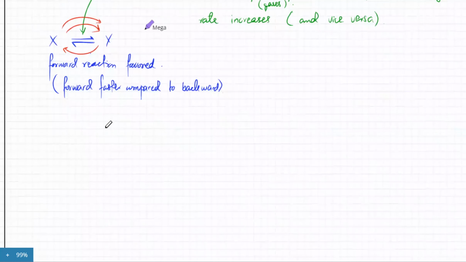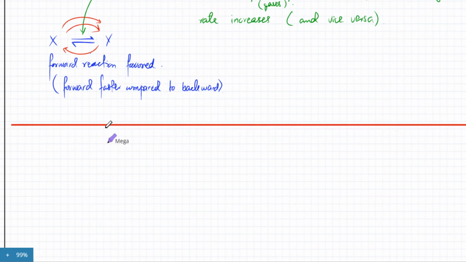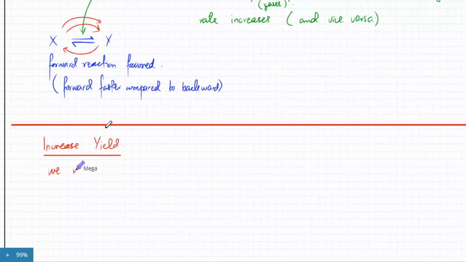Now, another point is, why do we learn Le Chatelier's principle? What's the point behind that? The point is, we need to increase yield. So there would be lots of questions. Yield means output. Basically, every time we apply equilibrium, we want to do two things.